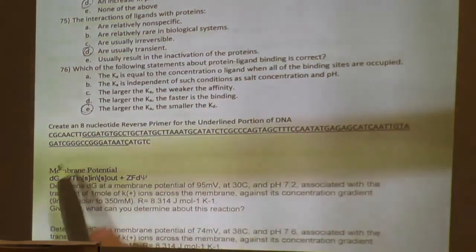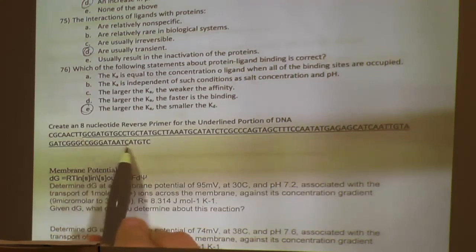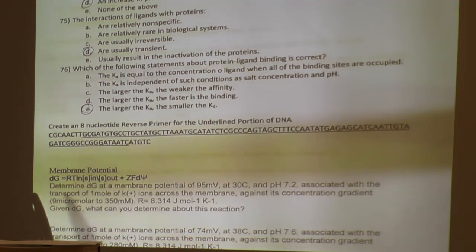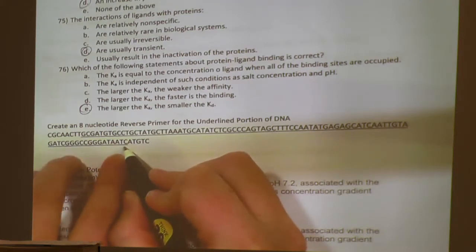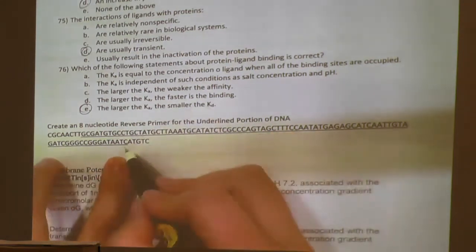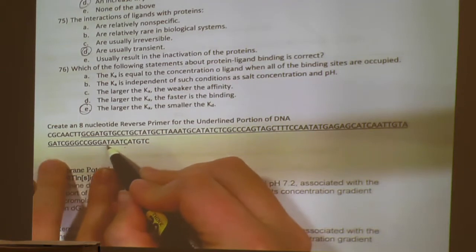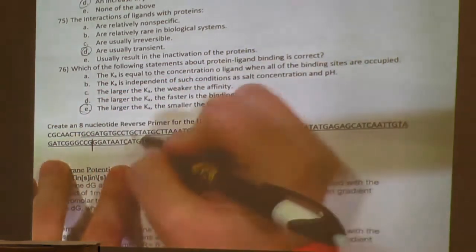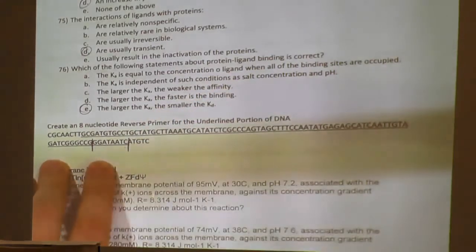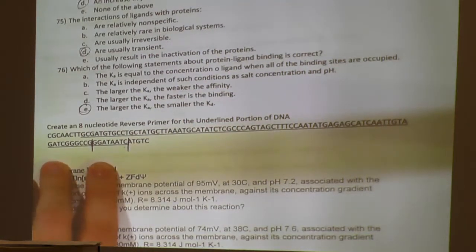So where would you start? Would you start your complementary strand here or here for a reverse primer? So we'd start here, and we're going to go 8 nucleotides. So 1, 2, 3, 4, 5, 6, 7, 8. So we would stop here. So these are the nucleotides that we are translating into a primer.